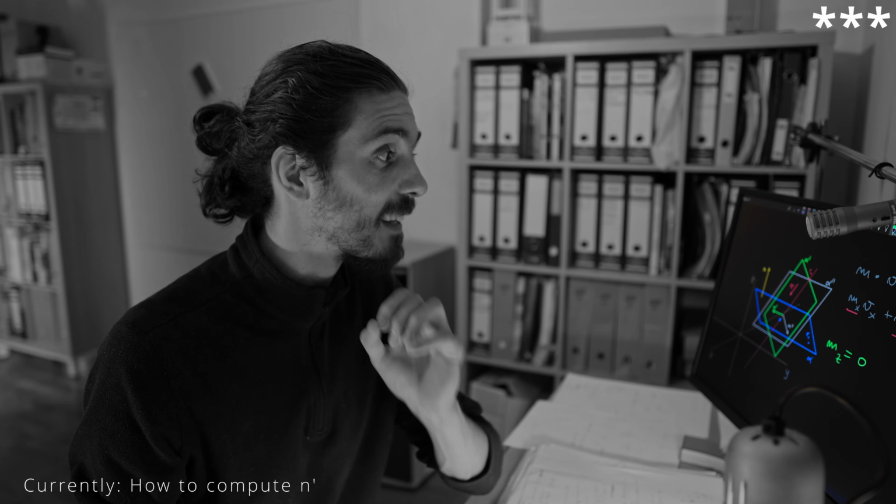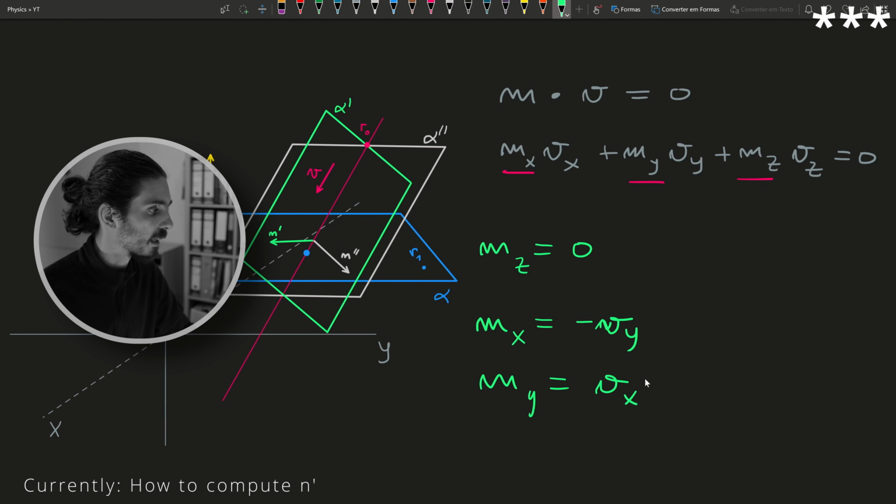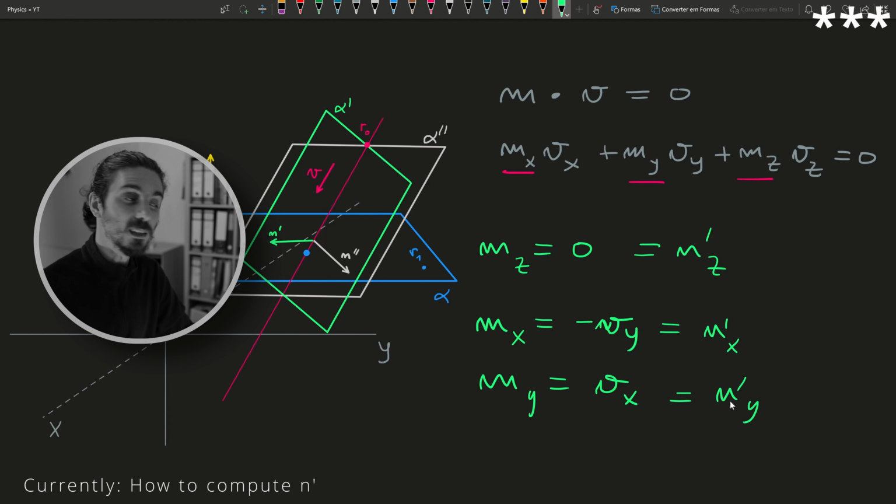But you see, that's easy, because we can actually guess the answer. By setting mx equal to v of y and my equal to minus v of x, we just found an answer. So we set this thing to n prime x, this thing n prime y, and n prime z equal to 0. Here is an answer.